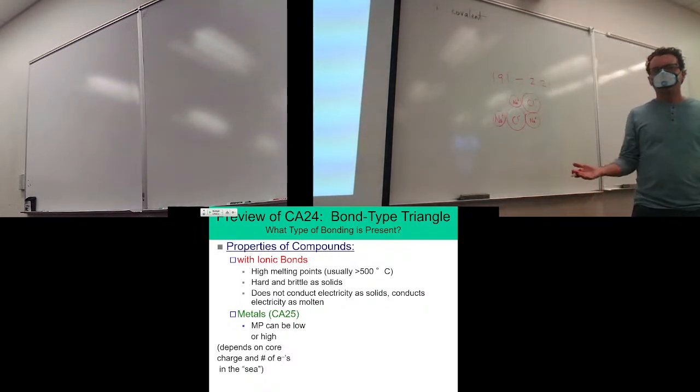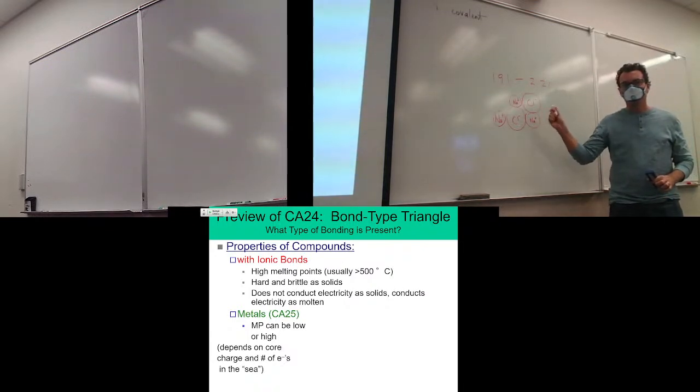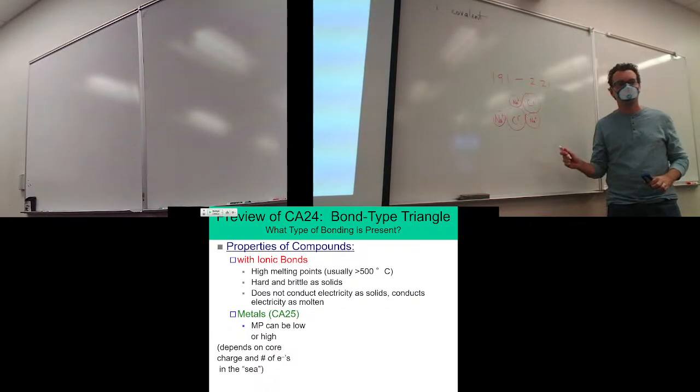But when you melt something, what happens to the atoms when it's a liquid? They move around now. So you've got mobile charges now, and that's the condition for conductivity: charges that can move around. So once you melt an ionic compound, that molten salt will be conductive.